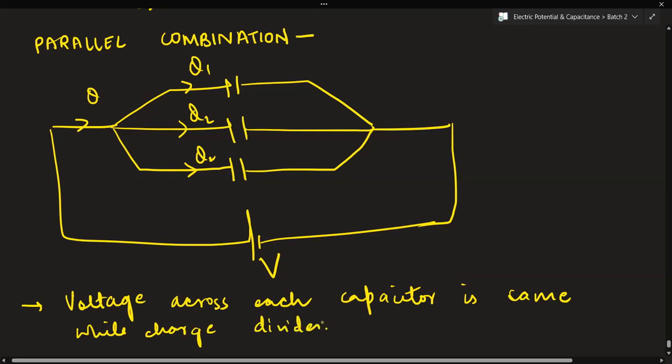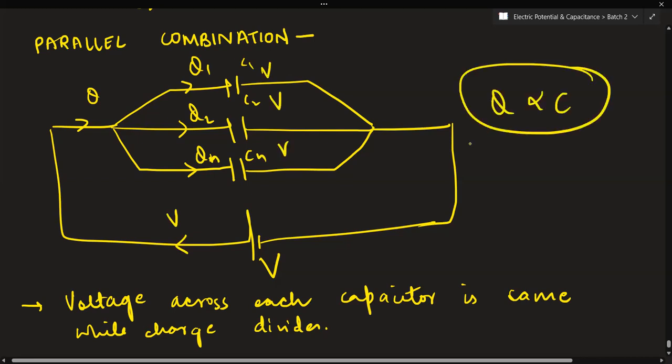Charge gets divided, but this remains same. So if let's say this is C1, C2, let's take it as Cn. This will be Qn. This is the voltage. Same voltage will be there in all these three. V will be the same. Q is directly proportional to capacitance. Whatever will be the charge, this will definitely be proportional to capacitance.